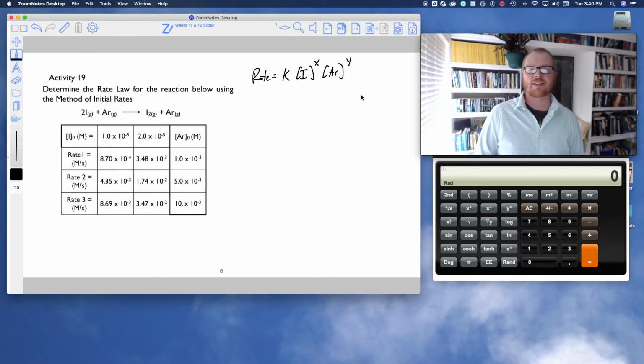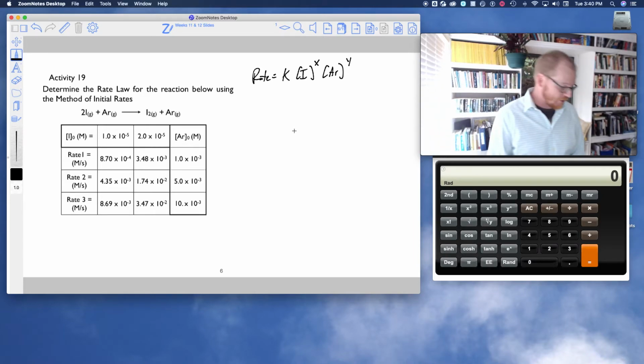And if you think about this now, we have one equation with two unknowns, which actually means we need as a minimum 3 experiments, okay? So we need to be able to, in 2 experiments, hold one value constant while we let the other value vary, and then flip that.